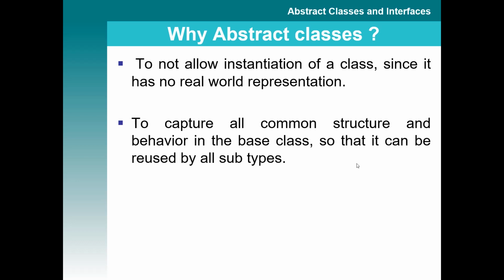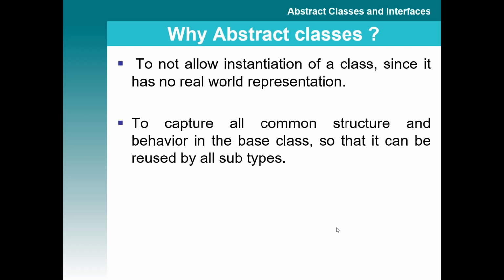So why did we mark it as abstract? We mark a class as abstract to prevent an object of that type, to prevent that class from being instantiated, and to capture all the common structure and behavior in a base class so that it can be reused by all the subtypes. Actually, the second bullet point is true about all classes.